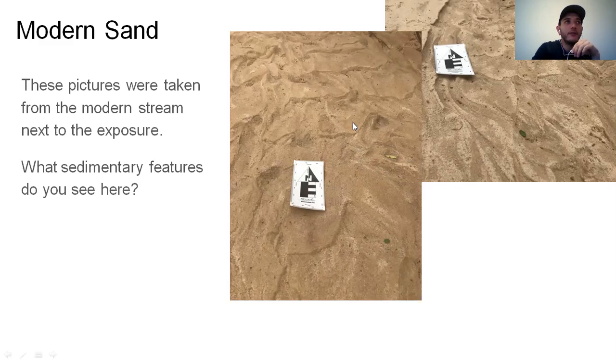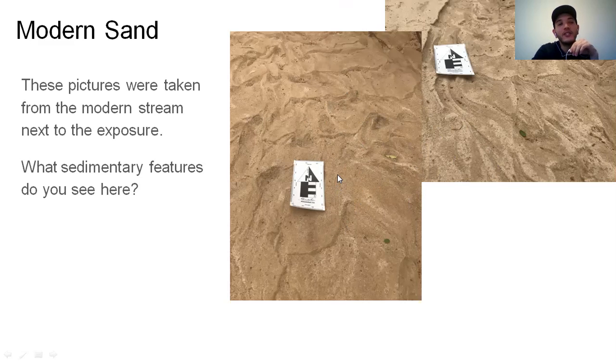As you remember, when we did the sedimentary structure lab, you saw a lot of sedimentary structures that are common in siliciclastic deposits. So when you look at these two images, what sedimentary structures do you see?